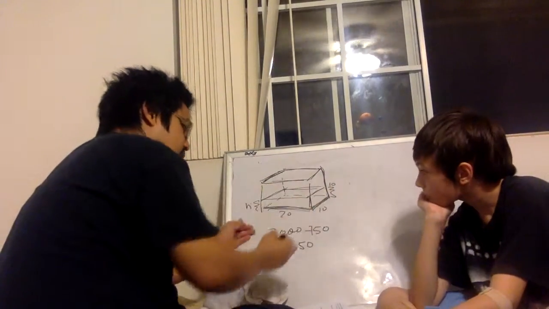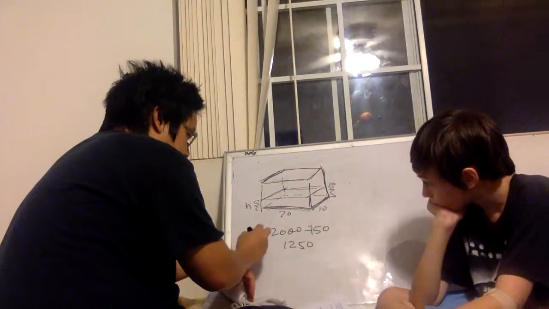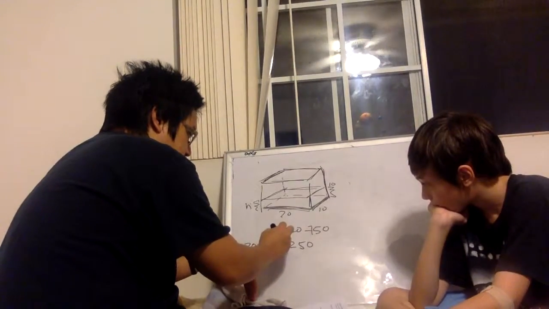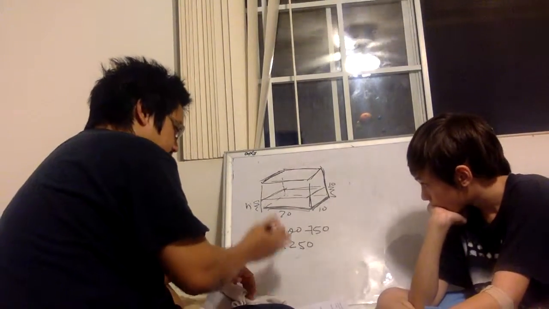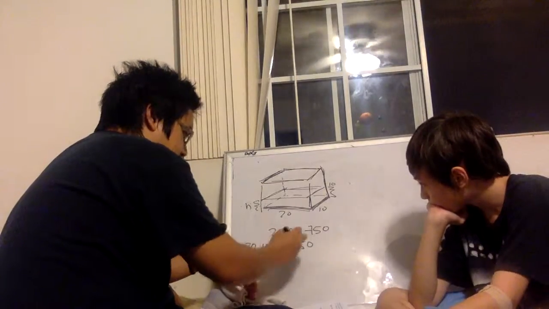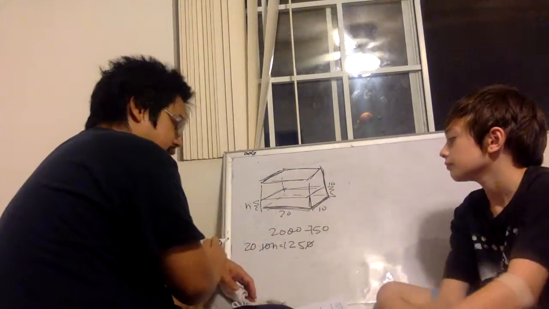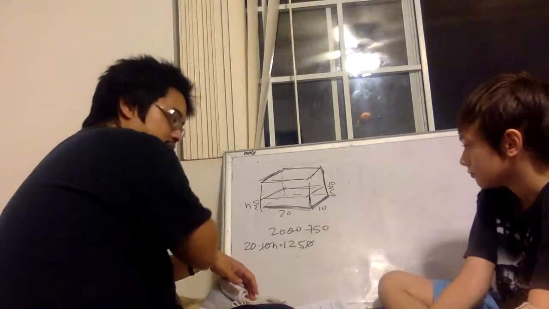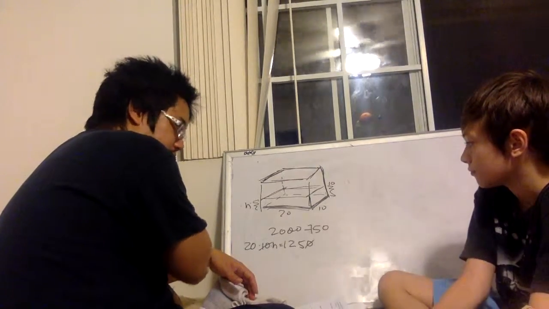It's H. So 20 times 10 times H is equal to this. Divide by 10. That's always easy, right? Divide by another 10.